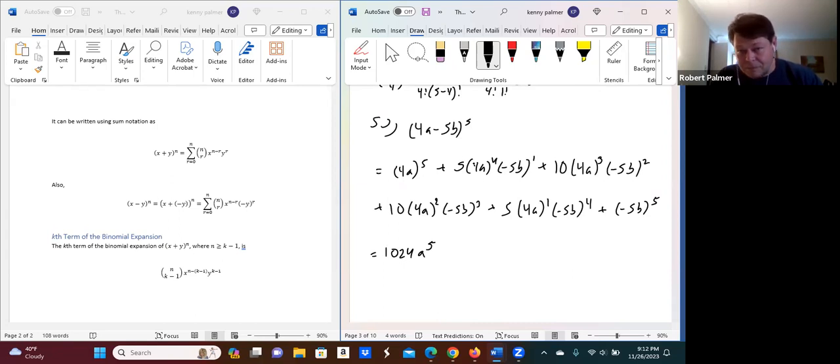So it's going to be 4 to the fourth, times 5 times another 5. So we're doing 4 to the fourth times 5 times 5. That's going to be times 25. And that's going to be minus 66,400 times a to the fourth times b. Okay, that's our second term.